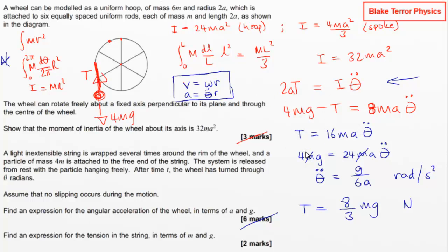So all of these parts fit very nicely together, and we saw in this bit where we flipped into using a theta double dot, an angular acceleration, rather than the linear acceleration, that it's quite easy to combine these two things. You've got one thing accelerating in an angular fashion, the wheel, and another thing accelerating in a linear fashion, the particle hanging off of it.